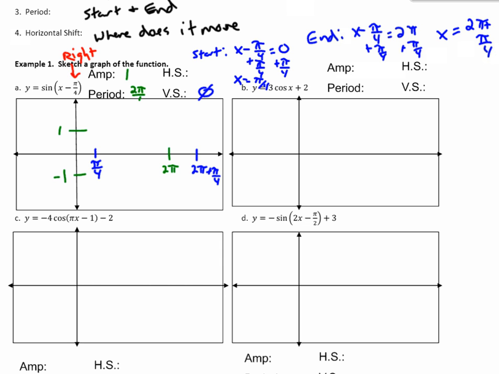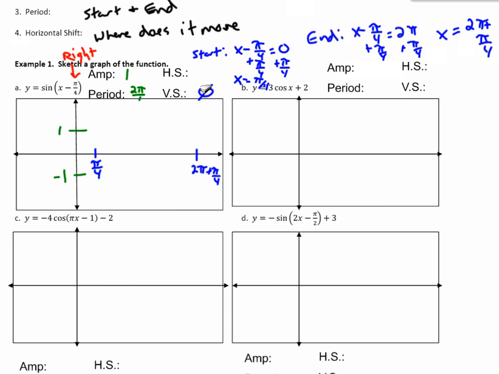I move this to the right, pi over 4. So I'm going to take out this period because I know that this ends a little bit farther than that. If you have two different colored pencils, leaving it in there is just fine. Just know that I'm going to make the graph here on the blue one, not on the green one.